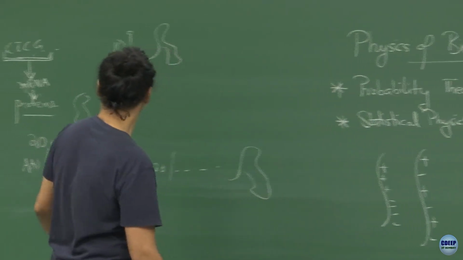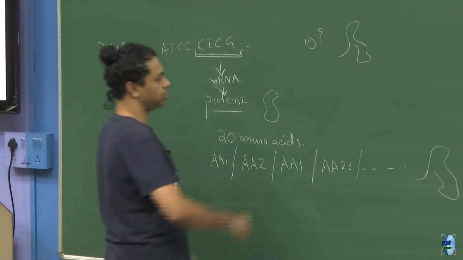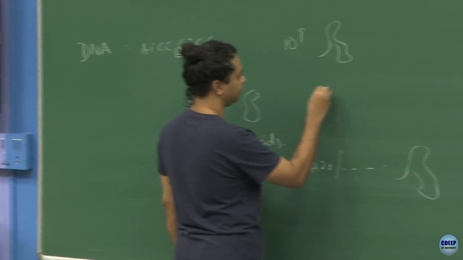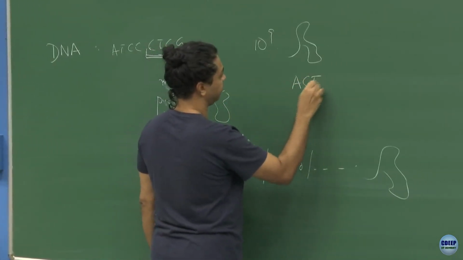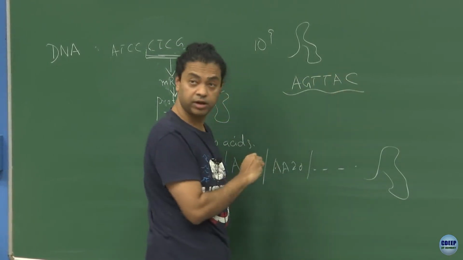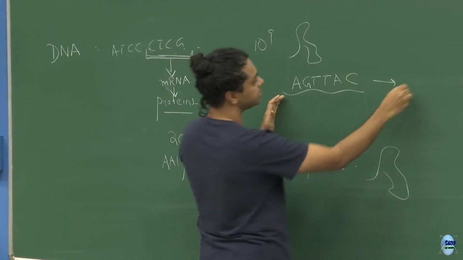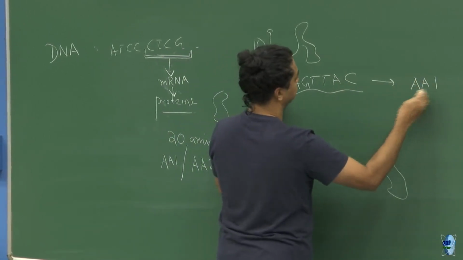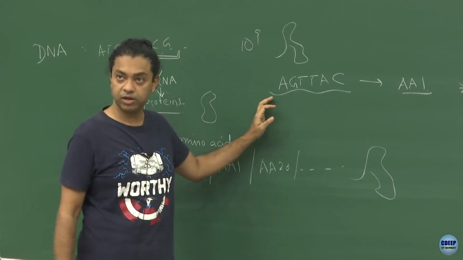So, I can think that, for example, if I have a sequence over there which is A, G, T, A, C, something like this, if the cell sees this sequence, it produces some particular amino acid 1.